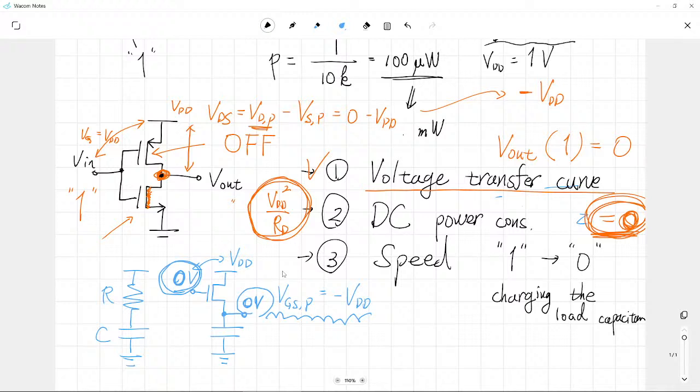It means that the PMOS transistor is really maximally driven. It shows the maximum current it can deliver.